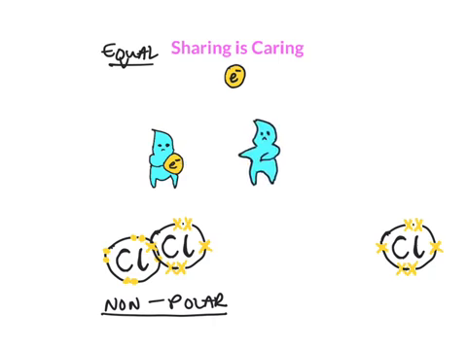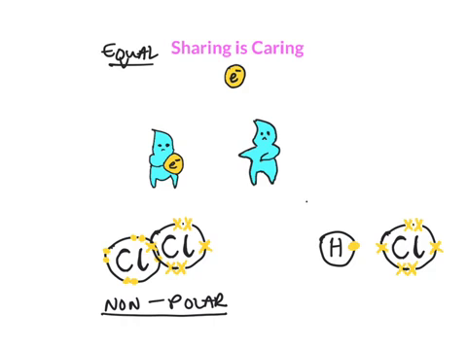Now, what about an example where that doesn't happen? If we look at hydrogen over here, hydrogen we said is just going to have 1 here. And the hydrogen is going to come in and bond here. Now, the thing is, when that bonding occurs, the chlorine is more electron hungry than the hydrogen.